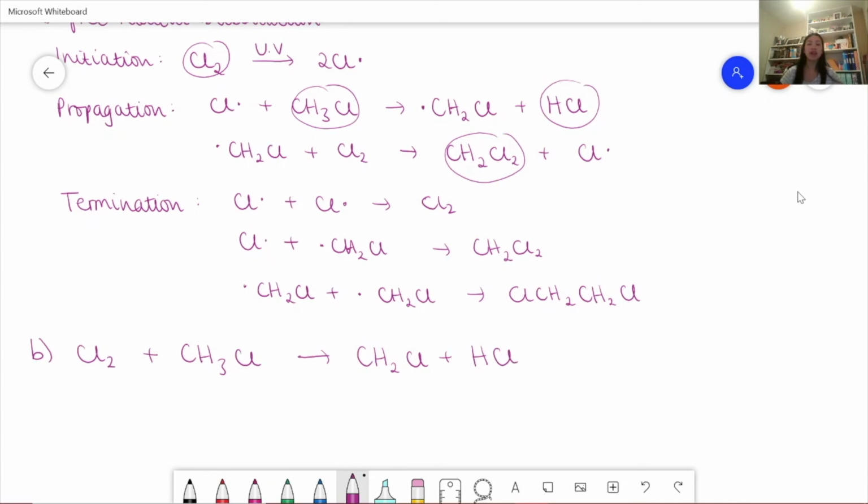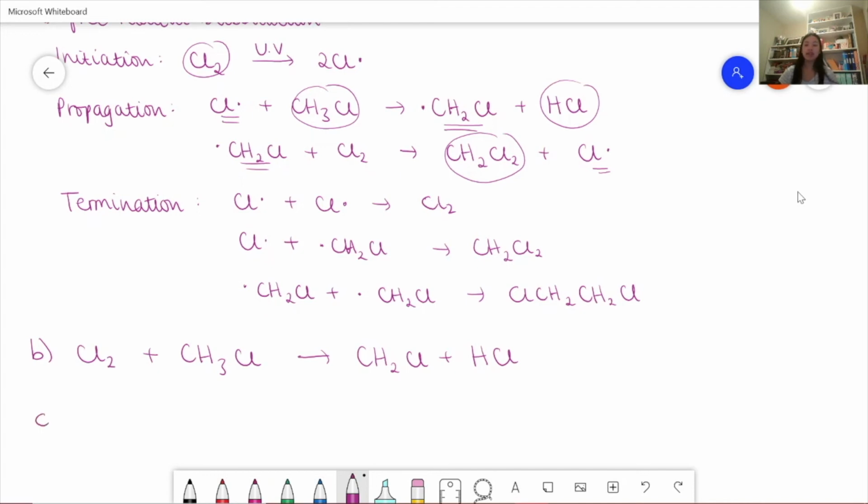And this is because this free radical that's formed is an intermediate, produced in the first step and used up in the second step. And this Cl free radical we call a catalyst because it's regenerated at the end.